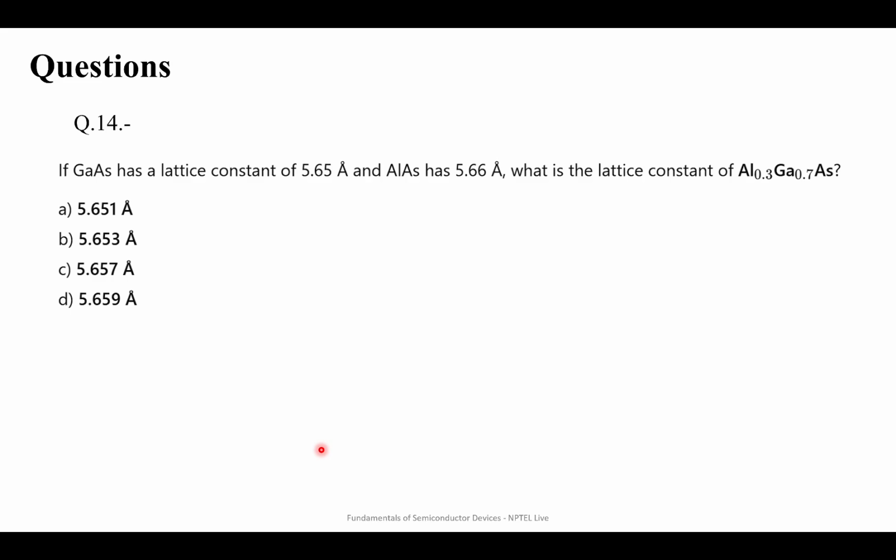If gallium arsenide has a lattice constant of 5.65 angstroms and aluminum arsenide has a lattice constant of 5.66 angstroms, what is the lattice constant of aluminum 0.3, gallium 0.7 arsenide? 5.651 angstrom, 5.653 angstrom, 5.657 angstrom, 5.659 angstrom.